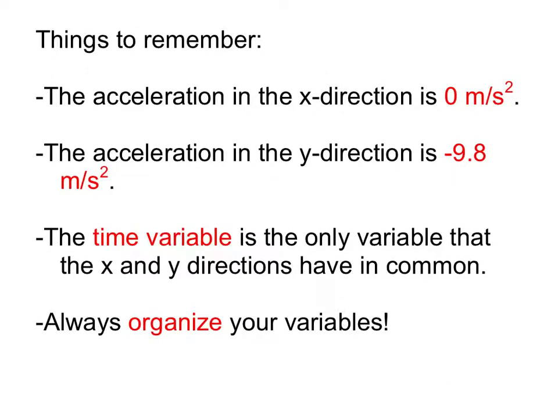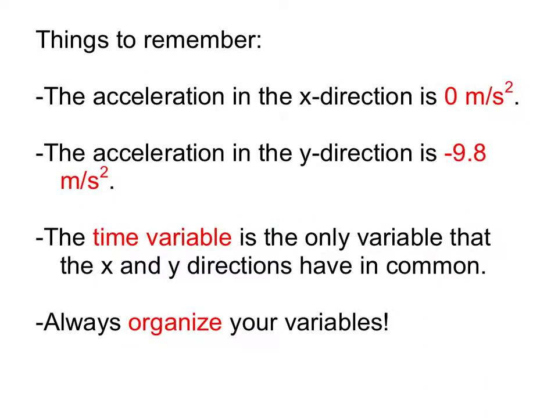Okay, so before we do our example problem, a few things that we need to remember from our post-lab discussion for horizontal launch problems. The first thing is that the acceleration in the x direction is 0 meters per second squared. The acceleration in the y direction is negative 9.8 meters per second squared. And the time variable is the only variable that the x and y directions can have in common.